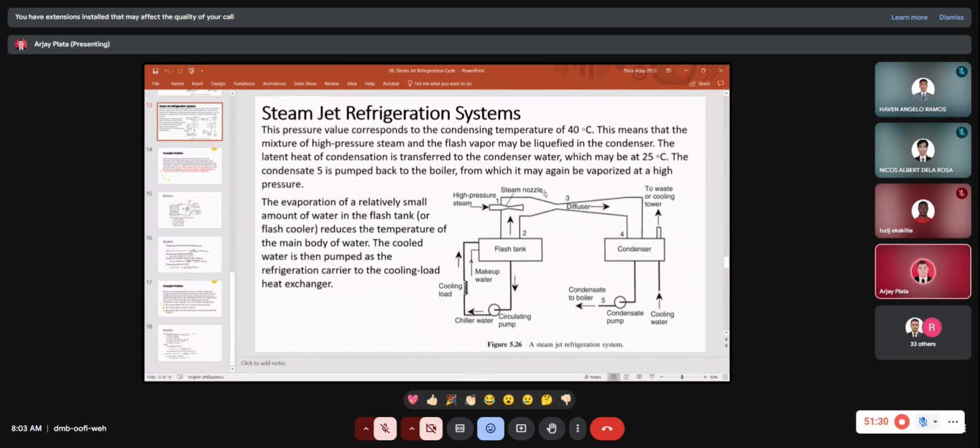Because as the process continues, there are some losses of water here, so we have to maintain the correct level. So there are some valves here. Also, there is a control valve here, which regulates the right amount of steam. So we have a control valve here and in the flash tank as well.